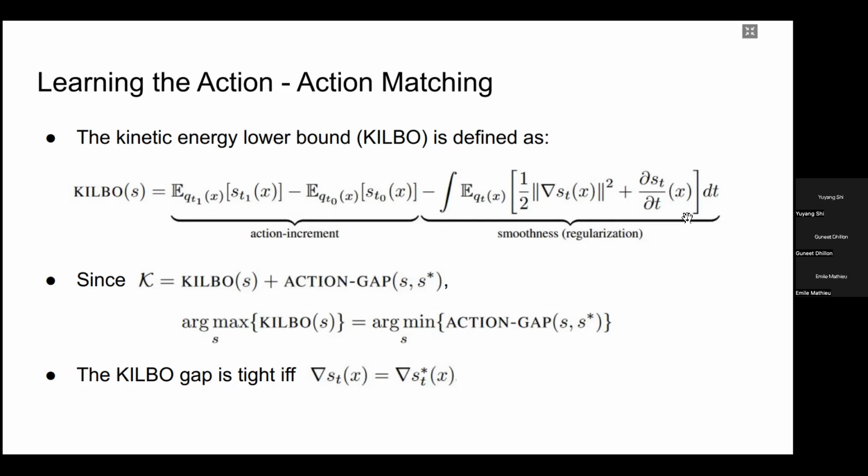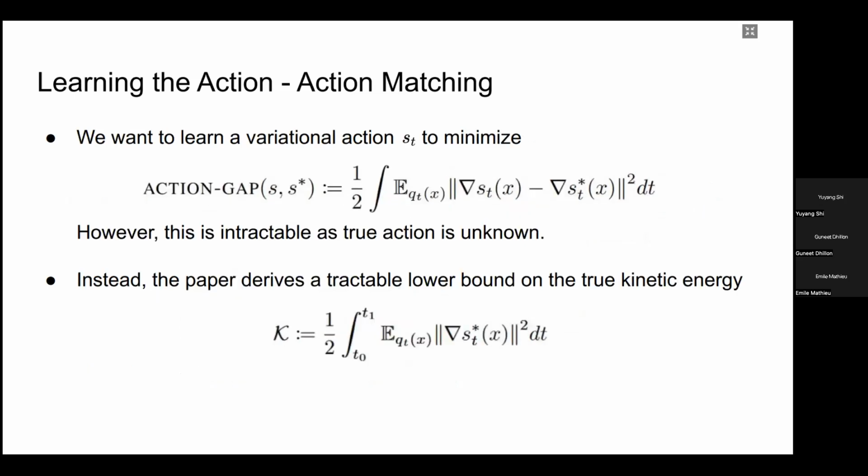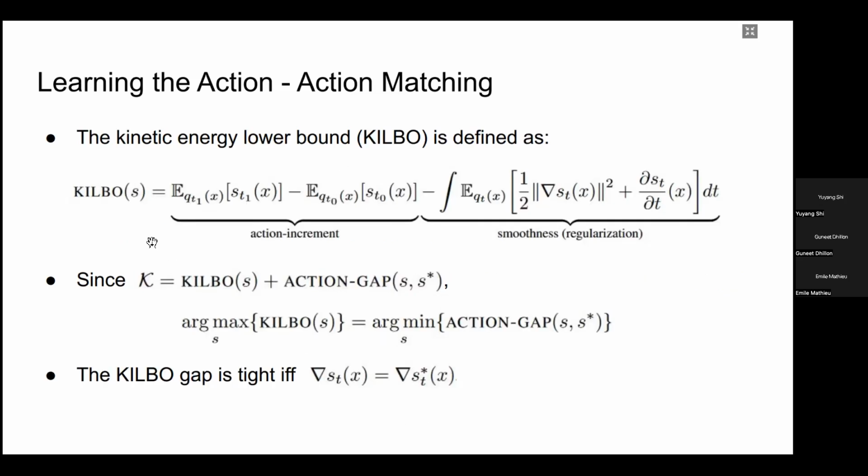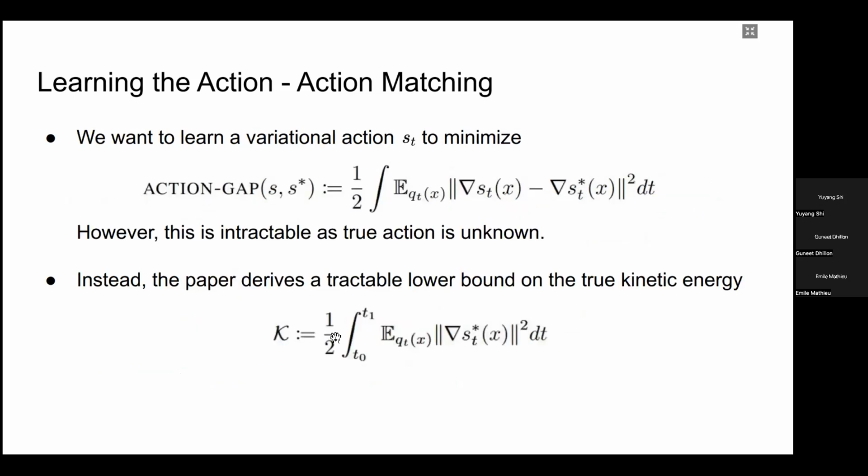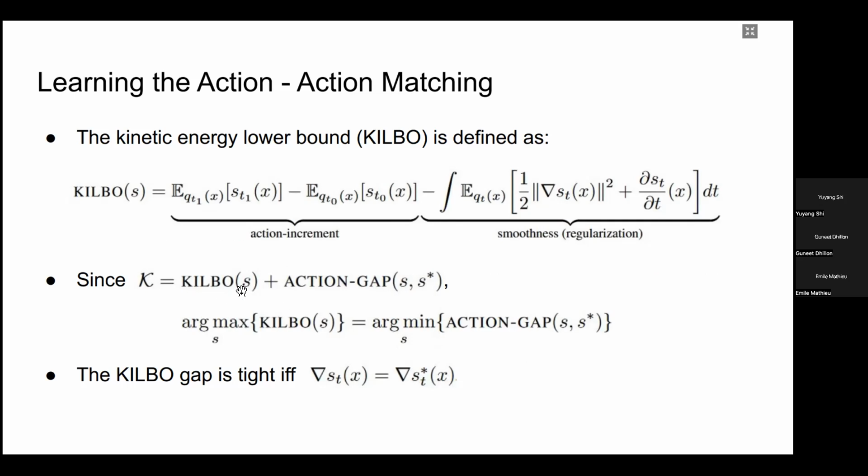But after we define these four terms, they show that the true kinetic energy on this page is equal to this lower bound plus the action gap. This true kinetic energy is a constant that we don't know. And because the action gap is greater than 0, we have a lower bound to this true kinetic energy.